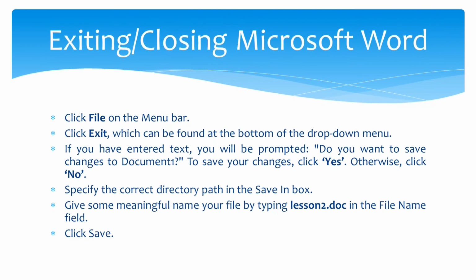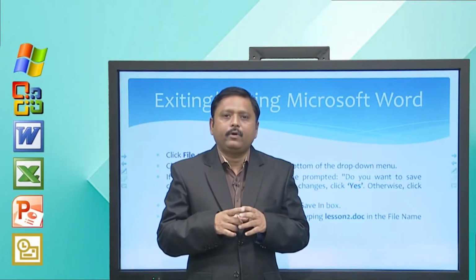Now, when you have to close Microsoft Word, how can you do that? So, to exit or close Microsoft Word, you have to click on File menu and then you have to select option Exit. The shortcut key is Alt F4. Remember, you have to press Alt key and then press function key F4. So, this is the second way you can exit from Microsoft Word.